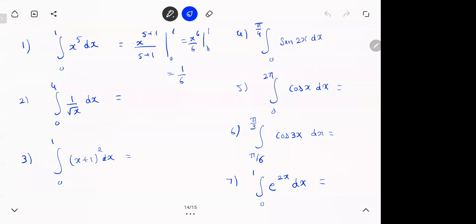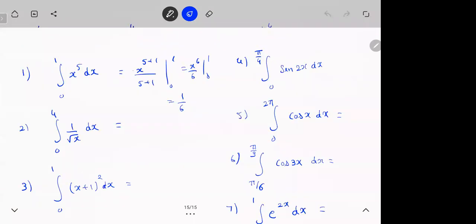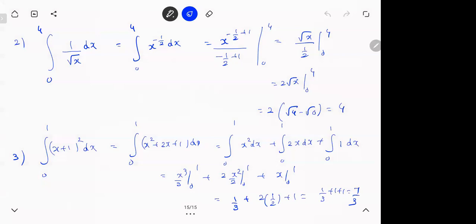Then fourth, fifth, sixth, seventh. All are clear with second and third? Fourth one, see.